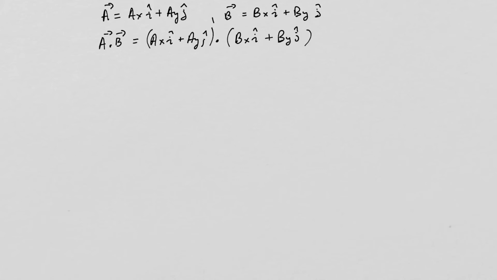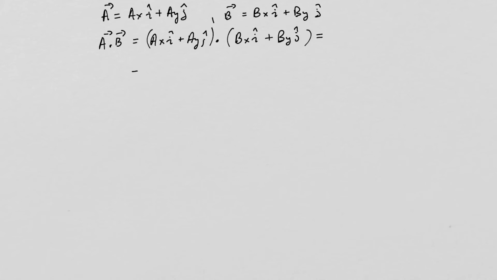Let's group the terms that have the same unit vector in them together, and actually let's multiply each term from the first vector by each term of the second vector in a dot product.